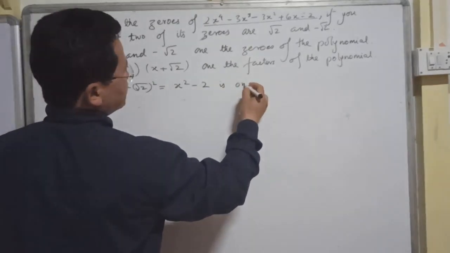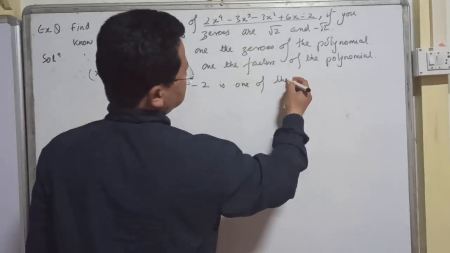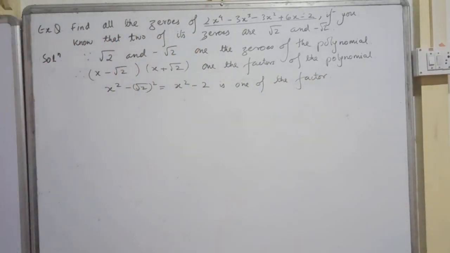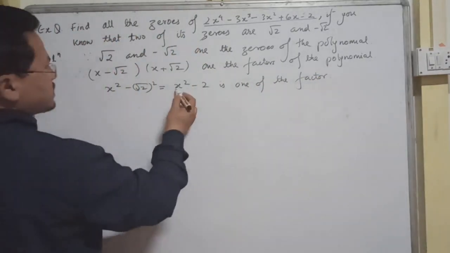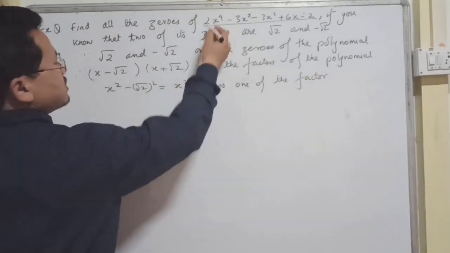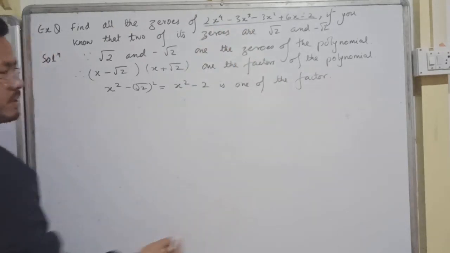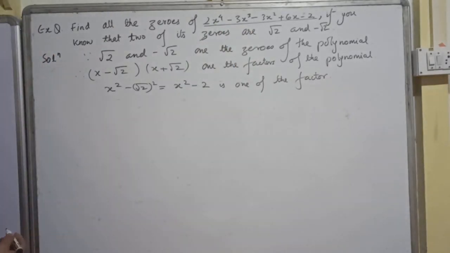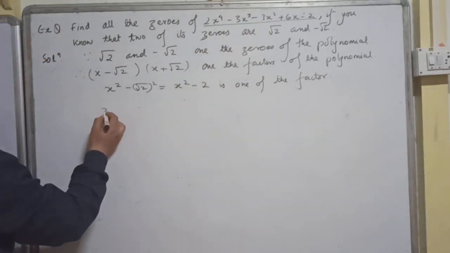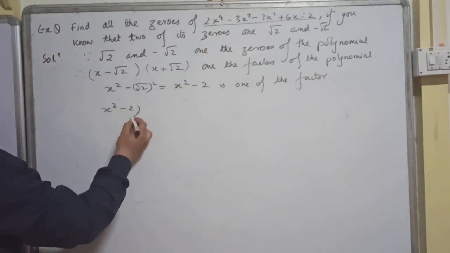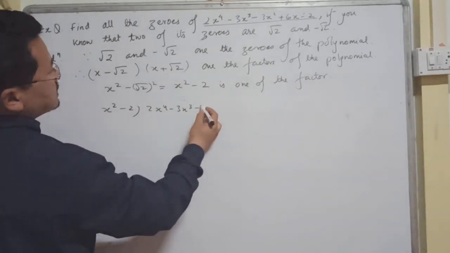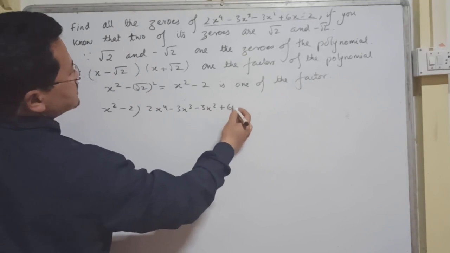This is one of the factors. Now, since we got this as one of the factors, when we divide the polynomial by this factor, we get remainder 0 and we get a quotient. So this has to divide this polynomial: x squared minus 2 into 2x to the power 4 minus 3x cubed minus 3x squared plus 6x minus 2.